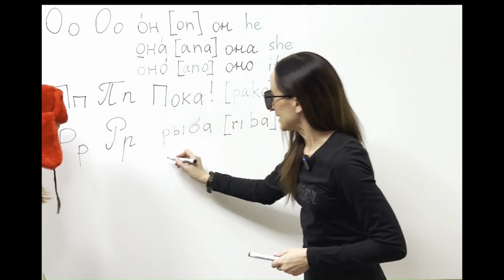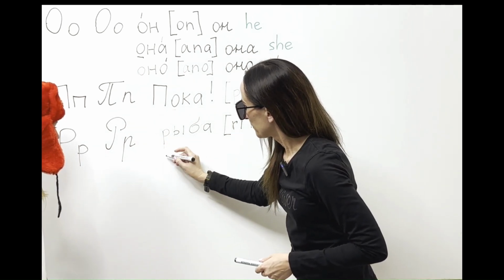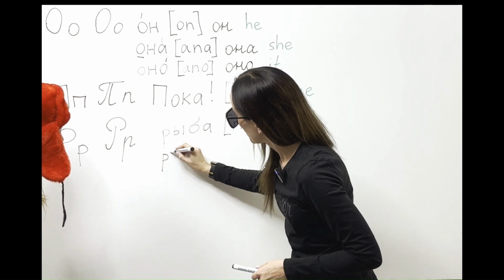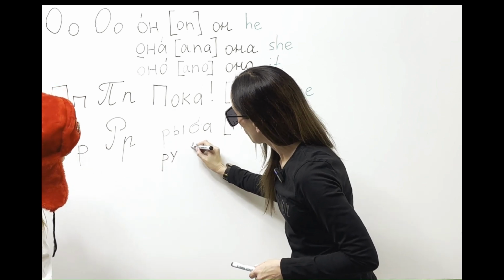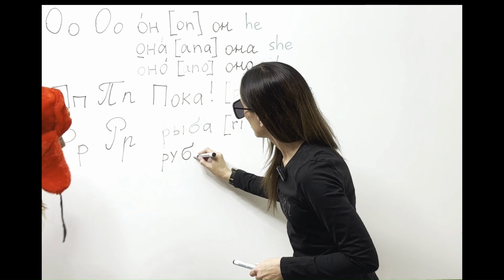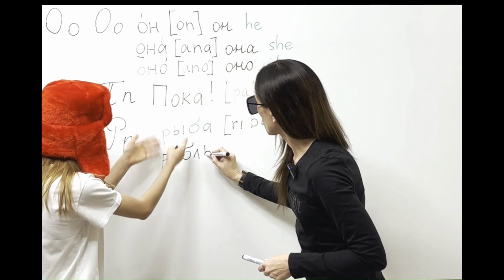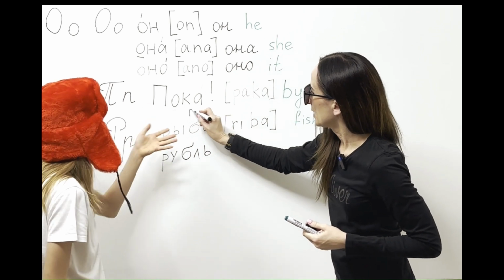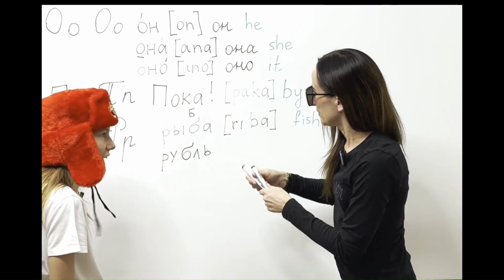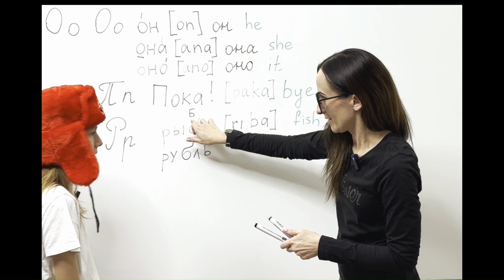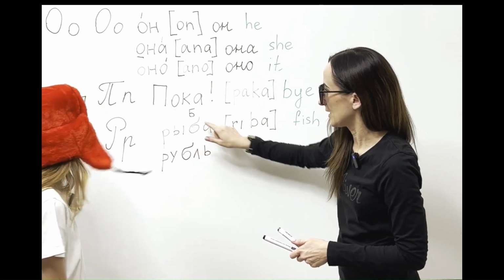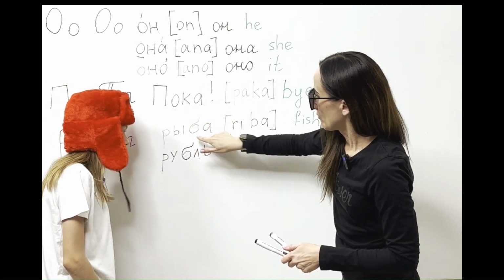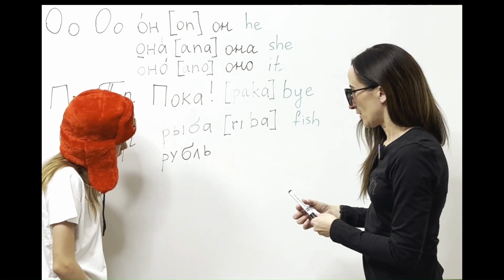And рубль is a good word. Рубль. Our currency. Why is this letter so strange? I don't know. Usually, I prefer this, but this is the big B. In books you will see this variant, but I never write it like this.